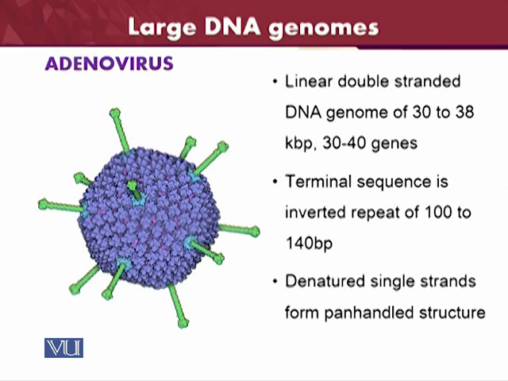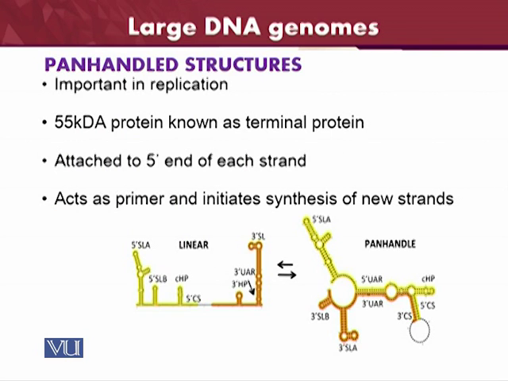We will see later what kind of structures these are. So here you can see that the size of the adenovirus is also very big, and it contains double-stranded DNA. The pan-handle structures are very important as far as the virus life cycle is concerned, and they are used in replication.